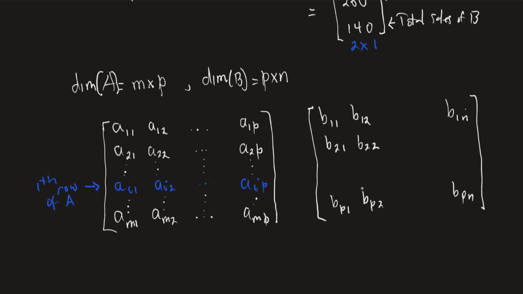Now what I'm going to write down isn't the general row, but the general column here. So somewhere going down, I'm going to write down the jth column of B. Now let's do that in a different color.